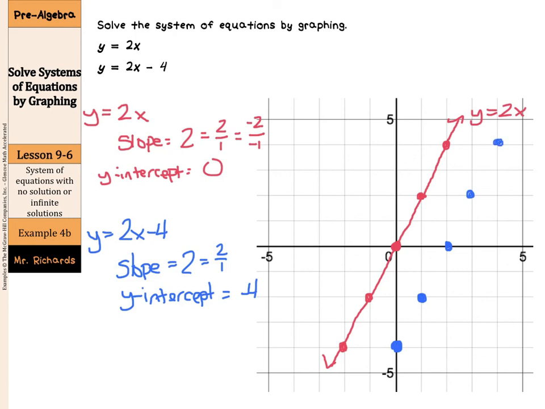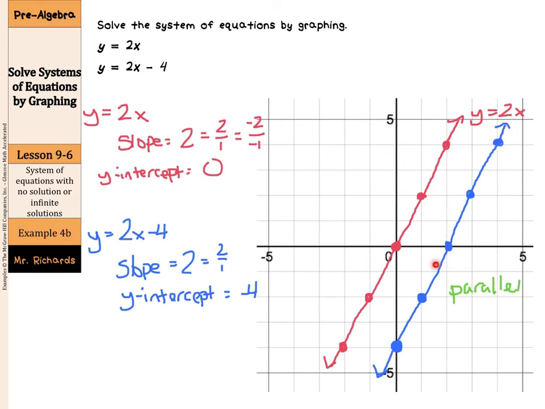I haven't found an intersection point yet. Well, if we go ahead and draw in this line, you should notice something here. What is the relationship between these lines? Well, in fact, these are parallel. We have the same slopes.